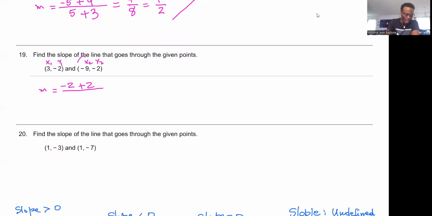And then now x2 negative 9 minus x1, which is 3, minus 3. So that equals negative 2 plus 2, that is 0, over negative 12. So that is 0. You have a line that has a slope 0. This line will be a horizontal line.